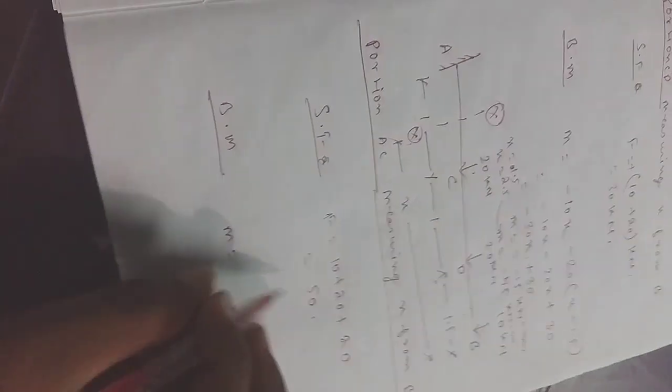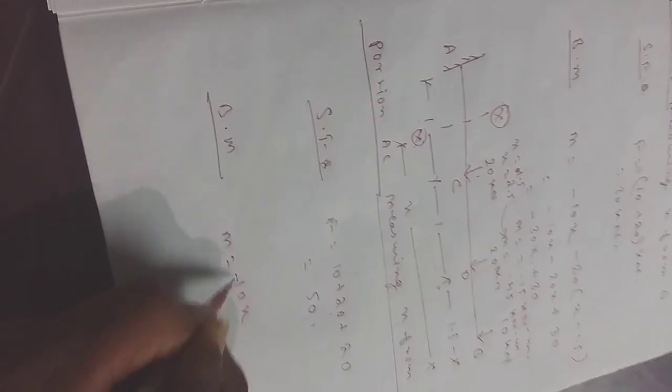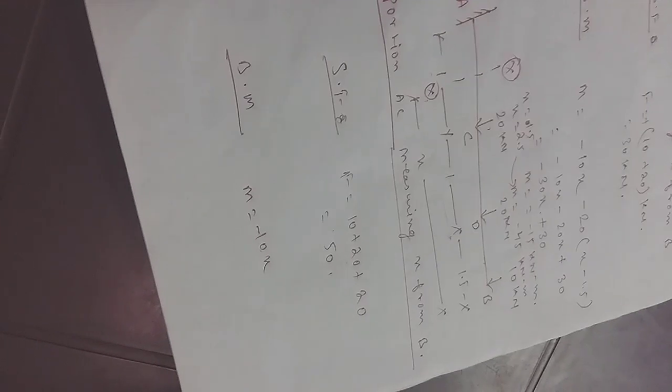Bending moment, again M equals to this 10 into this distance, 10 into x. Sign will be minus because this is hogging bending moment. Again 20 into this distance. What will be this distance? If this is 1.5, total is x, so this will be x minus 1.5. So 20 into x minus 1.5.